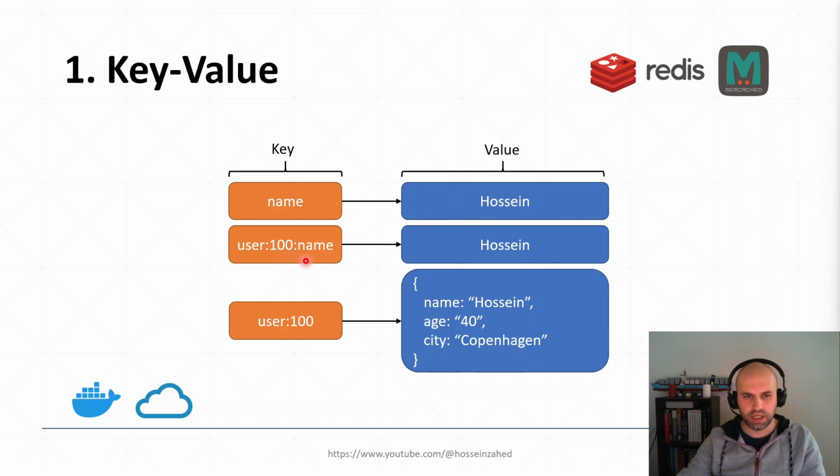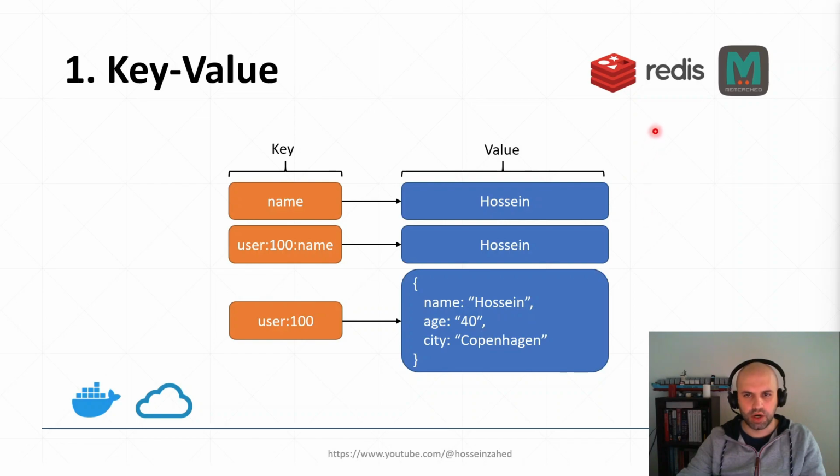Then we can make the key a bit more complex by adding some delimiters in between, name of a user with the ID of 100, which is pointing to Hossein again. And also consider that we can create a more generic key like user with the ID of 100, and it is pointing to a JSON object here. So the value is a bit more complex than the previous ones.